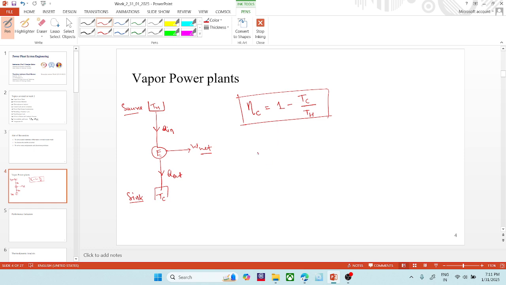However, in actual, efficiency is defined as the ratio of the net work output divided by the heat supplied, Q in, and this W net is the difference of Q in and Q out.